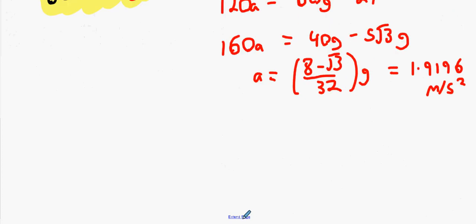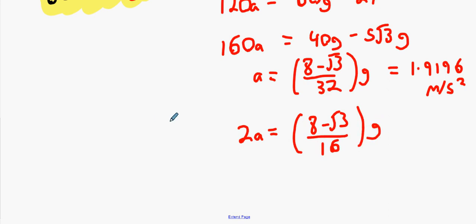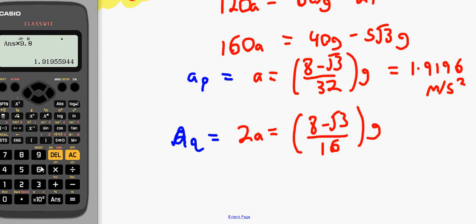So what's the acceleration of Q then? 2a would therefore be 8 minus root 3 divided by 16 g. This is the acceleration of Q, and that was the acceleration of P. Alright? And if we double it, actually I'll just double the rounded off version. 3.8392.